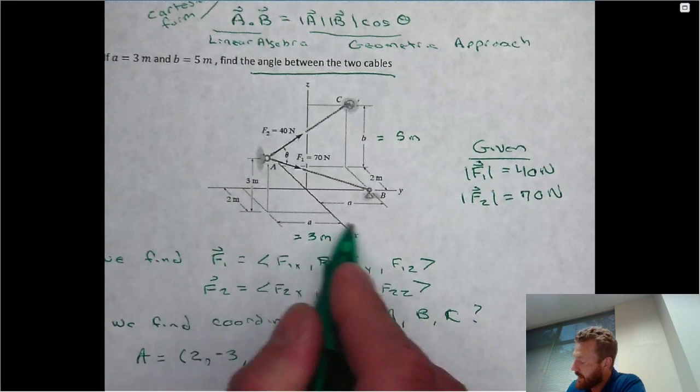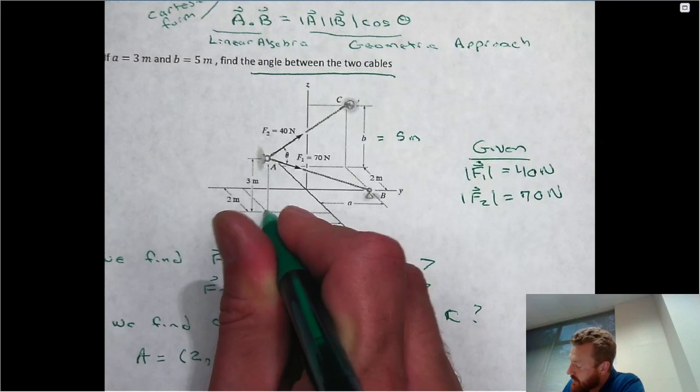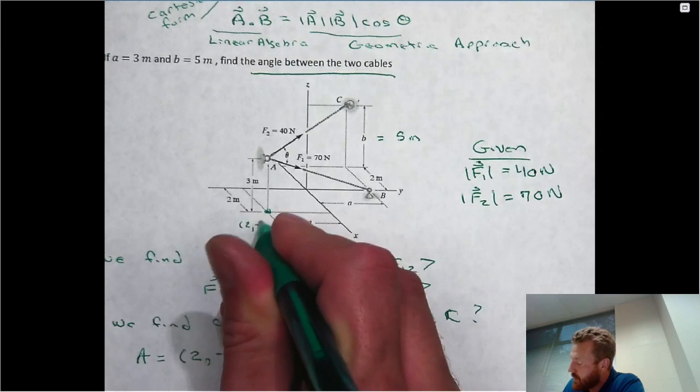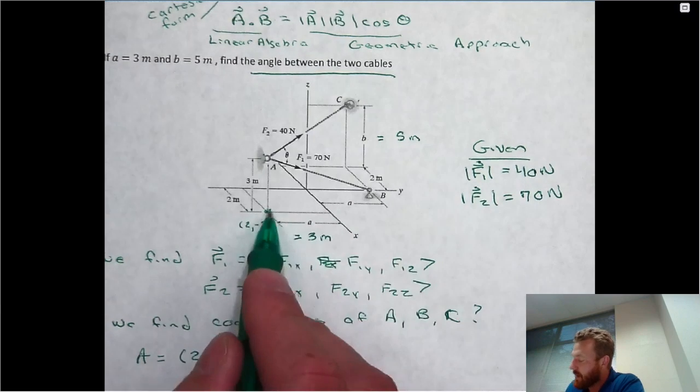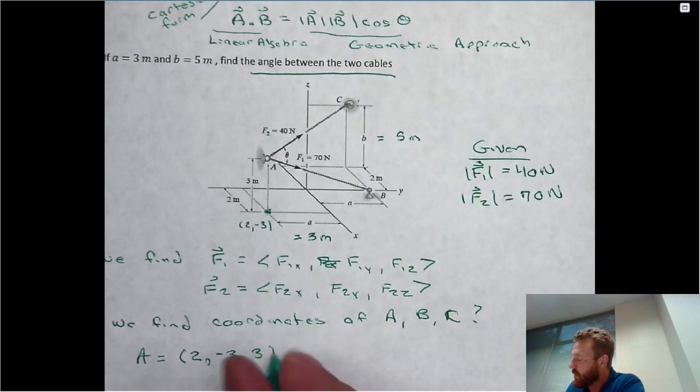But don't forget it's in the negative y direction. That's positive y, so this is negative y. That is the projection of point A into the xy plane, at the point (2, -3). Then from there, you go up by 3, in the direction of positive z. So the coordinate of point A will be (2, -3, 3), in units of meters.